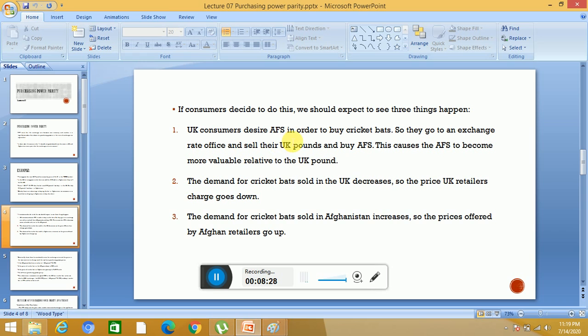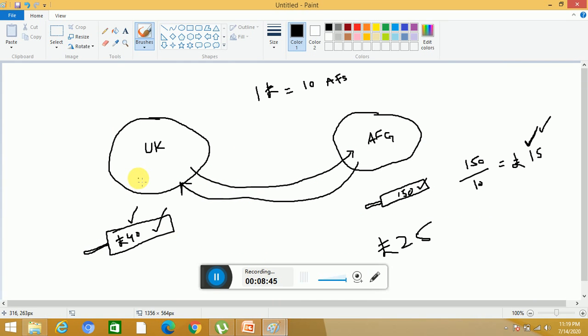UK consumers desire Afghanis in order to buy cricket bats, so they go to an exchange rate office and sell their UK pounds and buy Afs. This causes the Afs to become more valuable relative to the UK pound. Now see, from UK, people will go to Afghanistan.